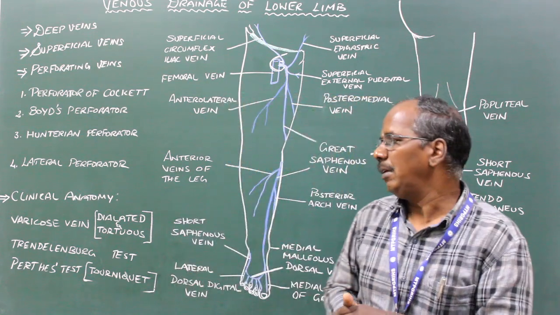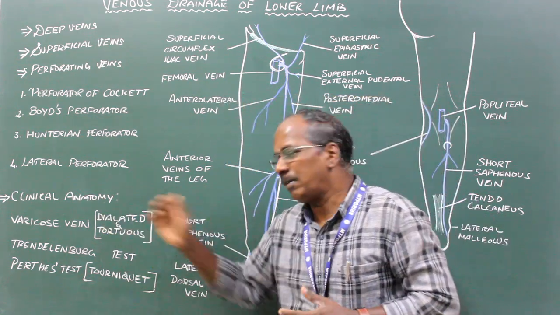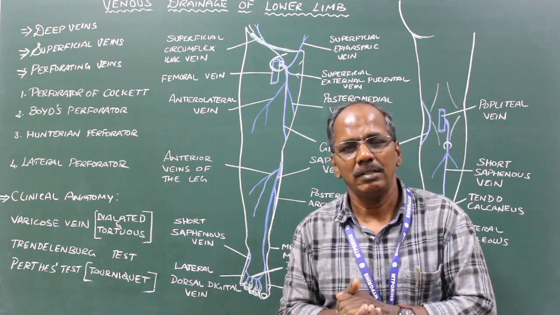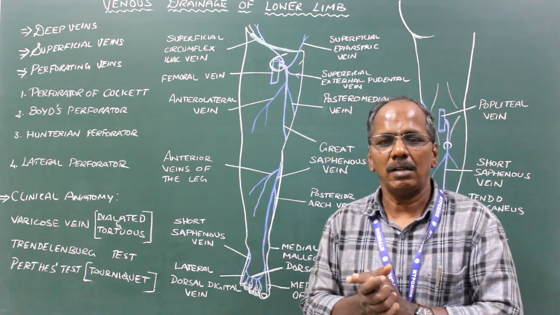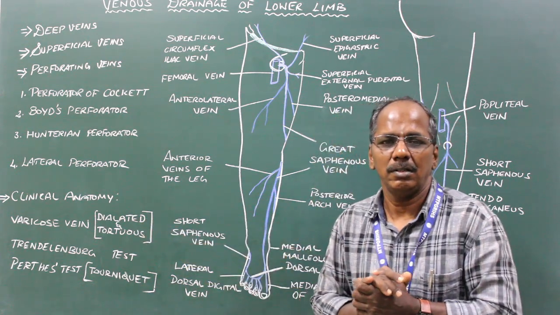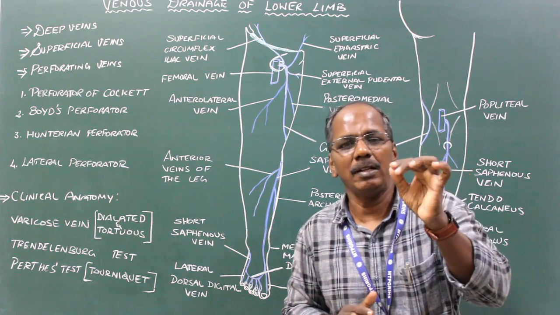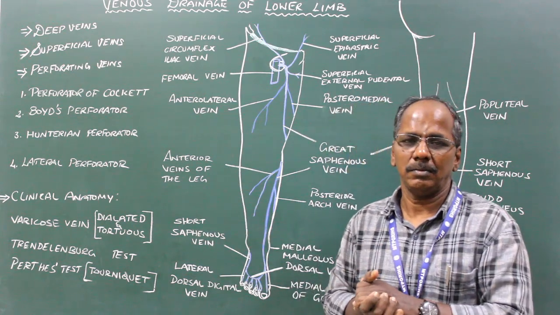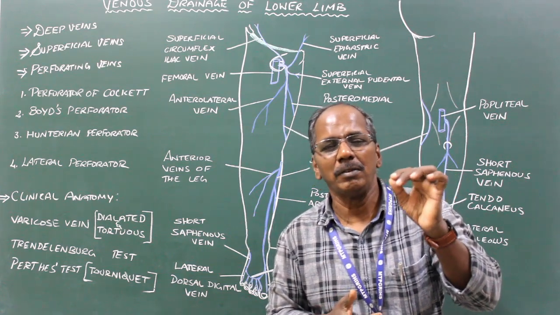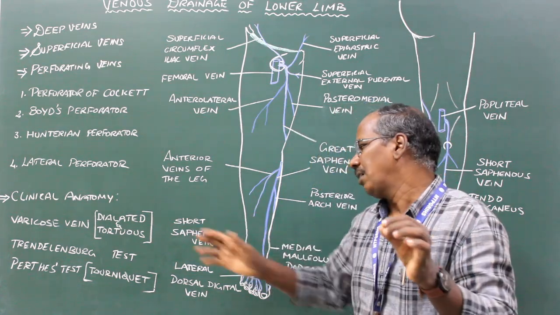Clinical anatomy. Varicose vein. It is a condition in which the veins are dilated and tortuous. There is pooling of blood in the veins. Usually, the superficial veins of the lower limb are varicosed.